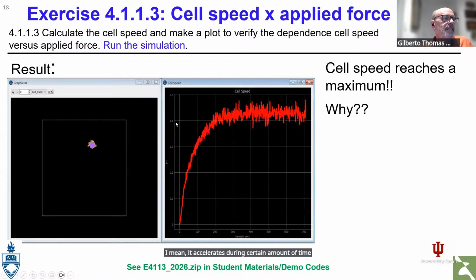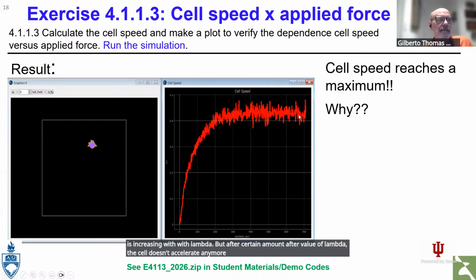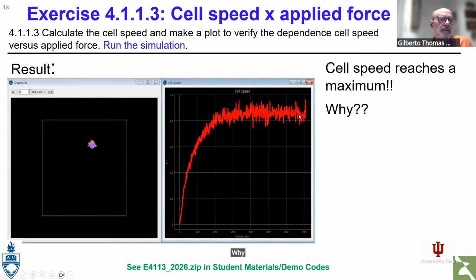Here, the speed is increasing with lambda, but after a certain value of lambda, the cell doesn't accelerate anymore. Why? Remember, the code is always increasing lambda vec, always, with each Monte Carlo step.